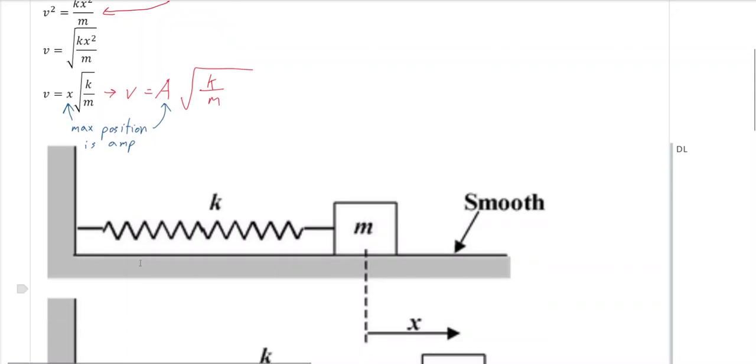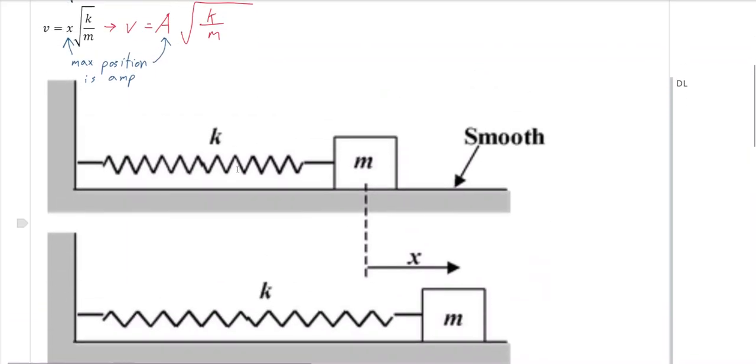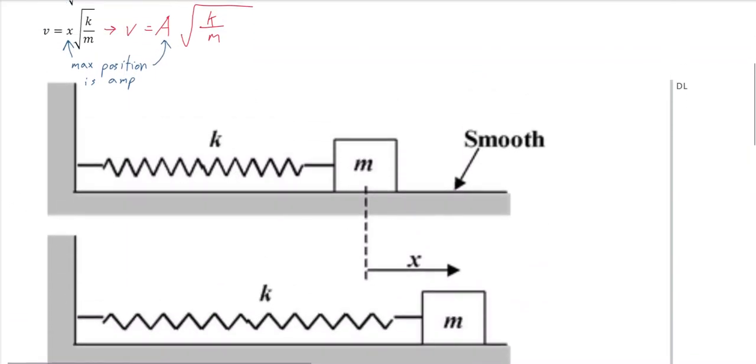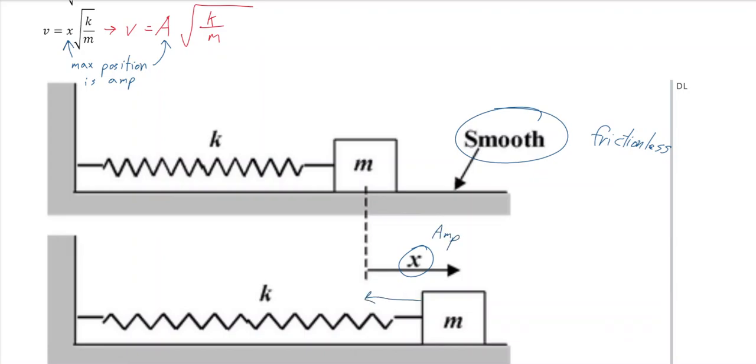So let's keep that in mind and look at this spring down here. We've got the spring being pulled forward by some sort of maximum position. This is a smooth or frictionless surface. The spring is being pulled forward by some sort of maximum x, which is your amplitude, and then when it gets back to that position, it'll have your max velocity.